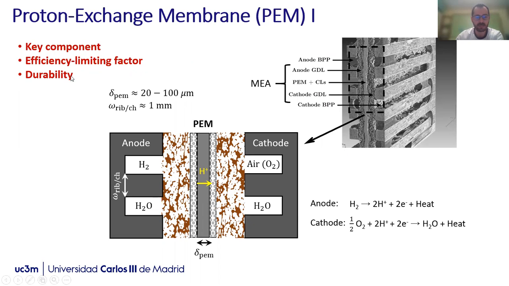And in terms of durability, many times the membrane is the component which causes the failure of the cell, so it is important to design highly resistant membranes to enlarge the durability of the cell. The typical thickness of the membrane is between 10 or 20 microns and 100 microns. So the membrane is an efficiency limiting factor.